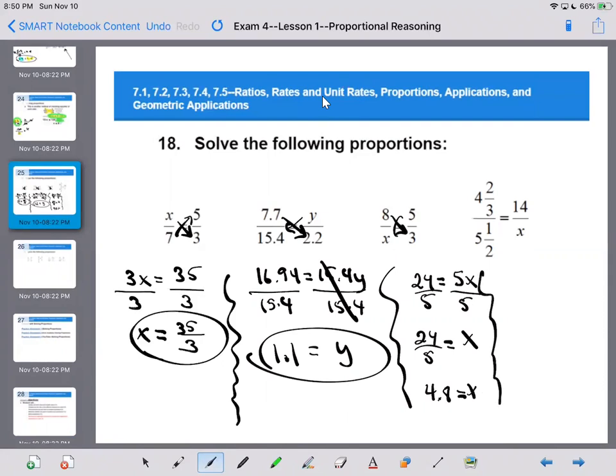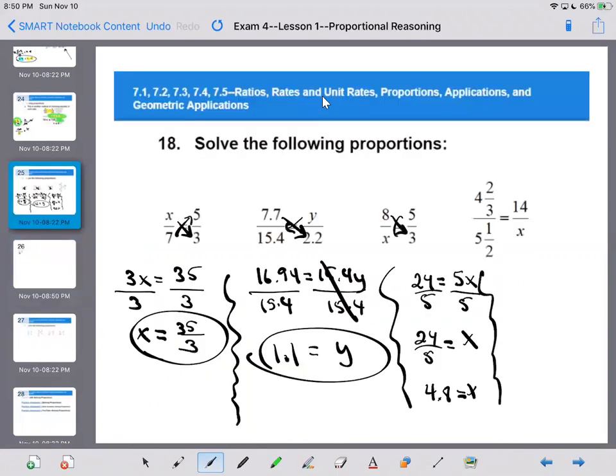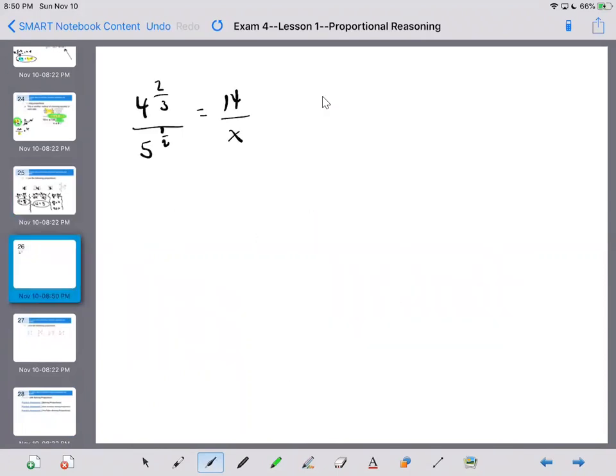And then this next one is a mixed number. So let's take 4 and 2 thirds and divide it by 5 1/2, and we're going to set that equal to 14 divided by x. I'm going to go ahead and change 4 and 2 thirds to an improper fraction. 4 times 3 is 12 plus 2 is 14.